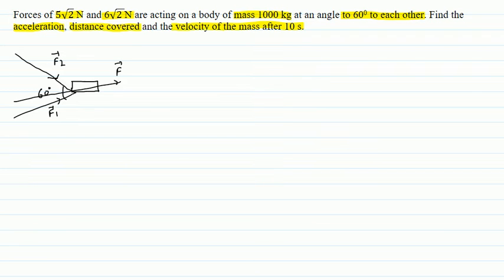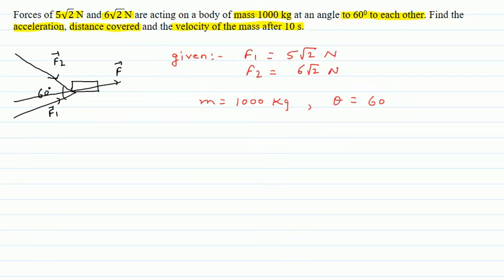Before finding this force we see what is given to us. Magnitude of force F1 is 5√2 Newton and force F2 is equal to 6√2 Newton. Mass of the body is 1000 kg. The angle between the two forces is 60 degrees and time given is 10 seconds.